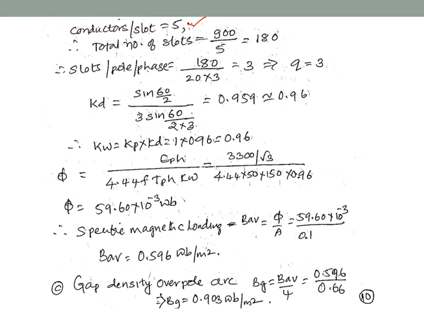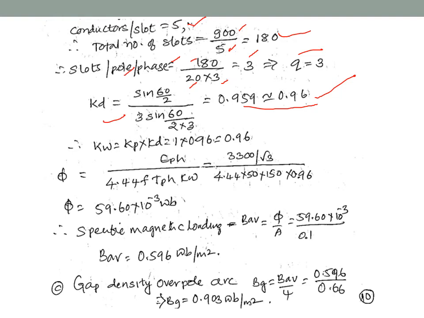So total number of slots is total conductors divided by conductors per slot. So total number of slots comes out to be 180. So slots per pole per phase is 180 divided by 20 into 3. This comes out to be 3. Q is equal to 3. Substitute in this equation. Kd comes out to be 0.96.